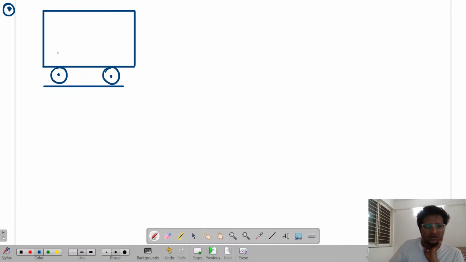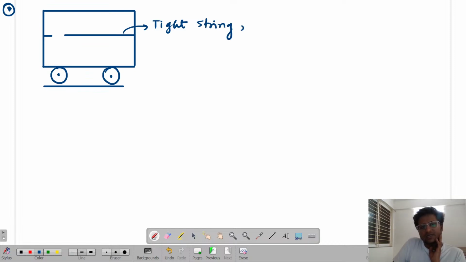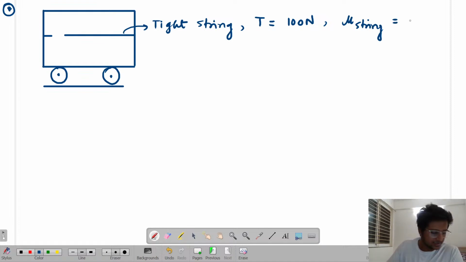Okay, so try to see. The question is, what they are saying is simple and logical. They are saying that there is a string attached to this truck. Basically, this is a tight string having tension equal to 100 newtons, and the linear mass density of the string is also provided to you, exactly equal to 0.25 kg per meter.